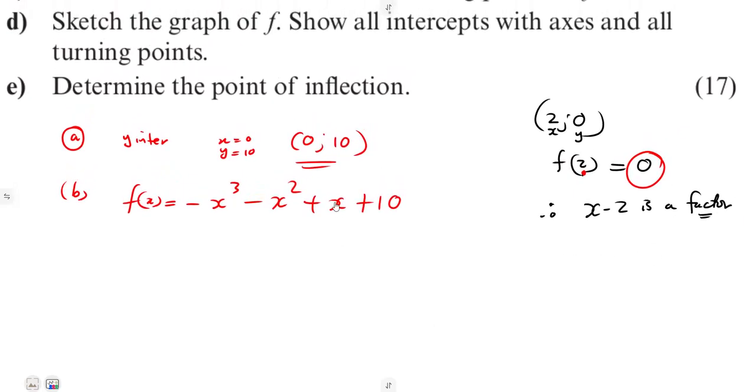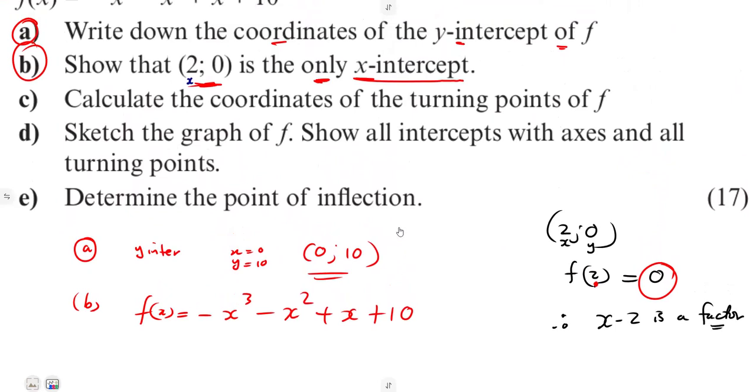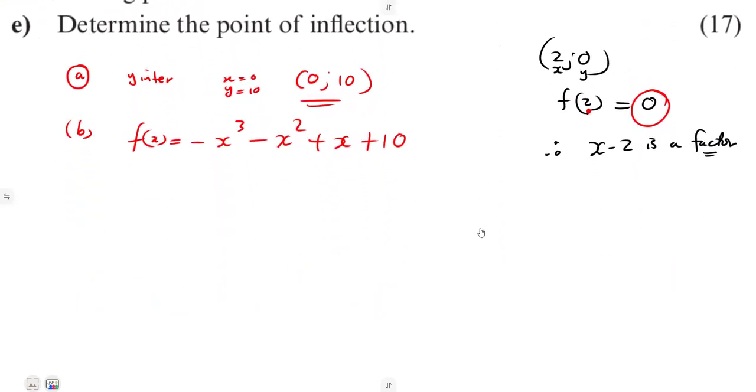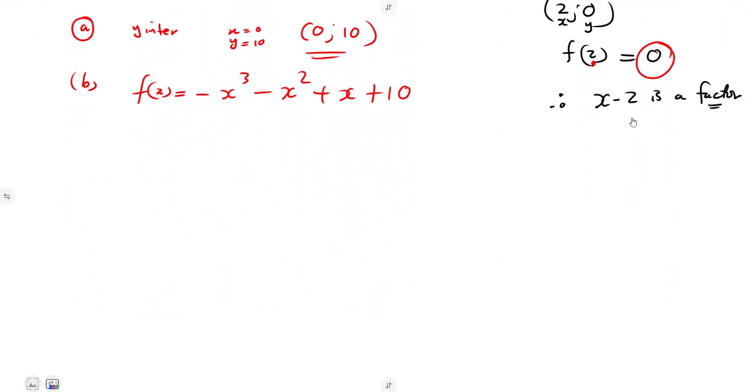So in order for you to prove that this point is the only x-intercept, it is from the factor of x minus 2, where you are supposed to factorize by using any of the methods that I referred to before: long division, synthetic, or by inspection. As for me, guys, I was just going to apply inspection.